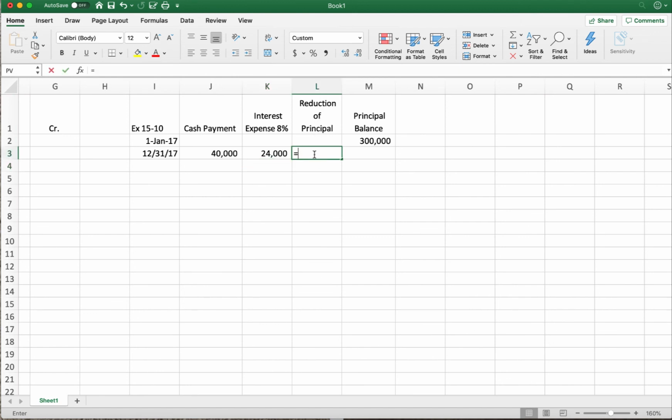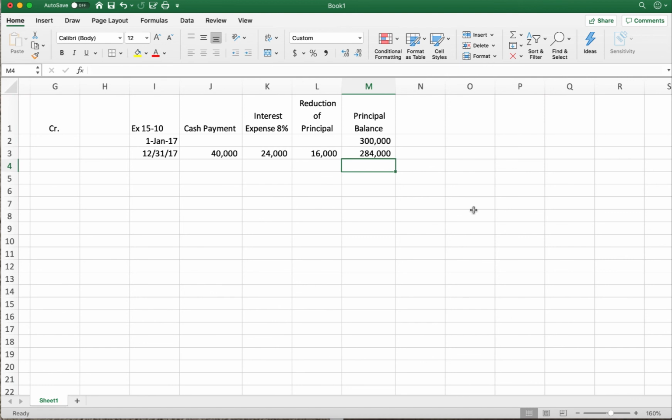The cash payment minus the interest expense of this installment payment gives us $16,000. What's the principal balance after this payment? It's $300,000 minus the reduction of principal, $16,000. We have a balance of $284,000.